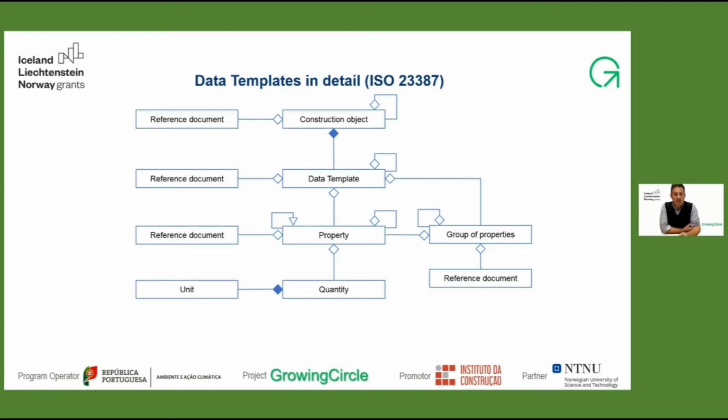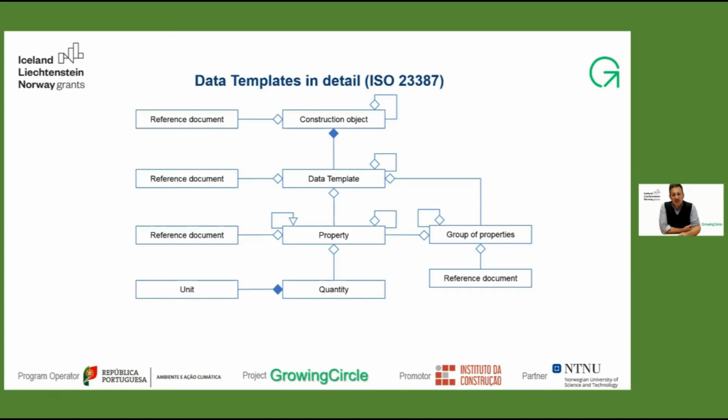Data templates apply to a construction object in abstract, that is, the data template identifies the requirements defined as properties that make sense or that are applicable to a certain type of product. These specific products result from filling in values to this skeleton of properties, as we will see.